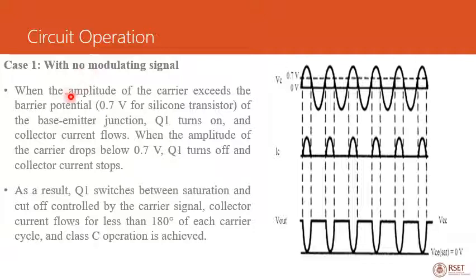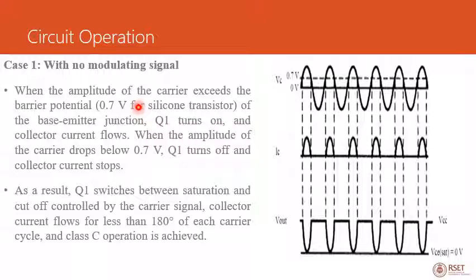When the amplitude of the carrier exceeds the barrier potential, as already told, for a silicon transistor that barrier potential is 0.7, and if you are using a germanium transistor, that barrier potential is 0.3.